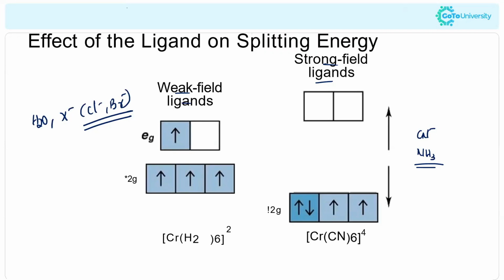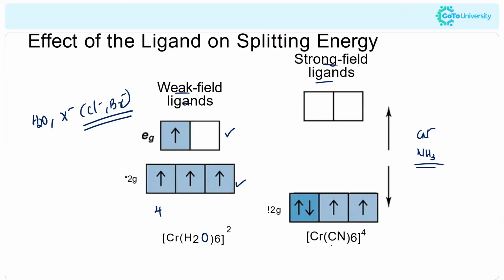At the same time, if the ligands have high strength, the electrons will undergo pairing. So here we can see the complex Cr(H2O)6. Here water is a weak field ligand, right? So if it contains 4 electrons, first the t2g orbitals will be singly occupied and the remaining one will move to the higher energy level without pairing with the t2g electrons.